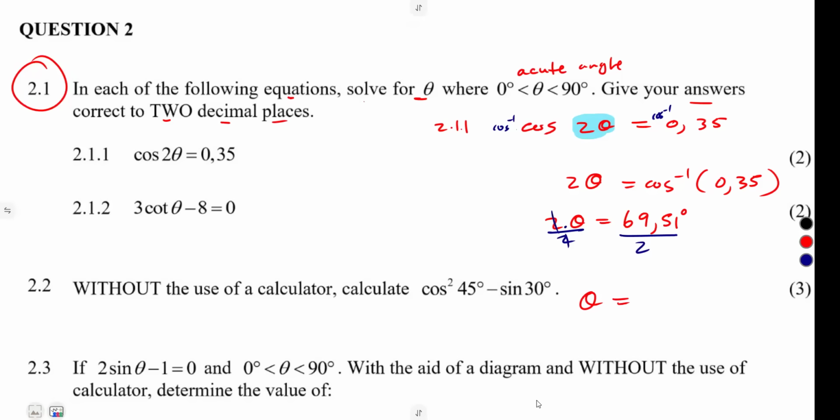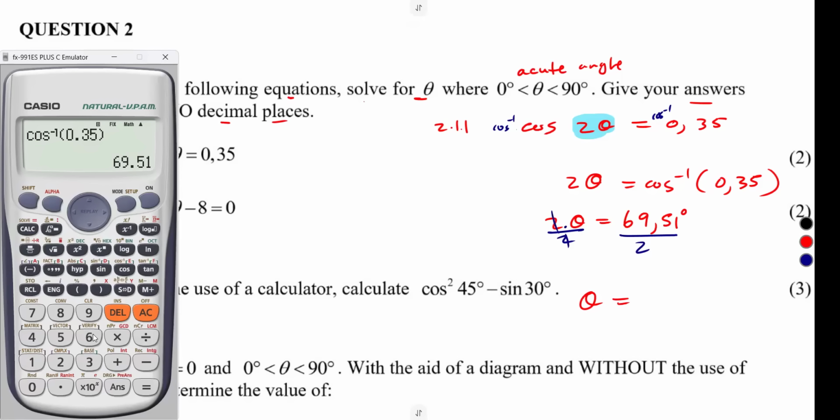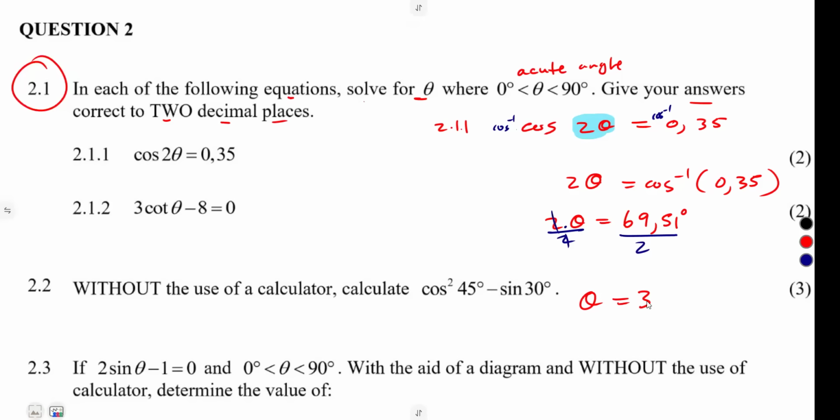That's obtaining the value of theta from what we have, 69.51, simply divide it by 2. And since our calculator is fixed to 2 decimal places, it's going to give us a rounded off value, which is what? 34.76. And that's an angle that you have.